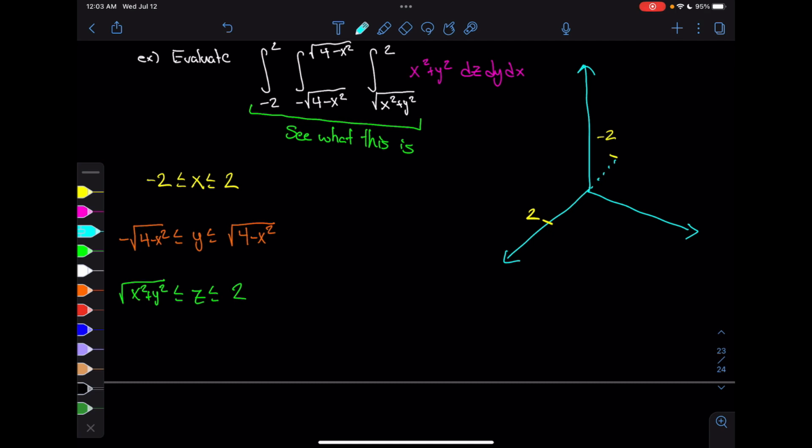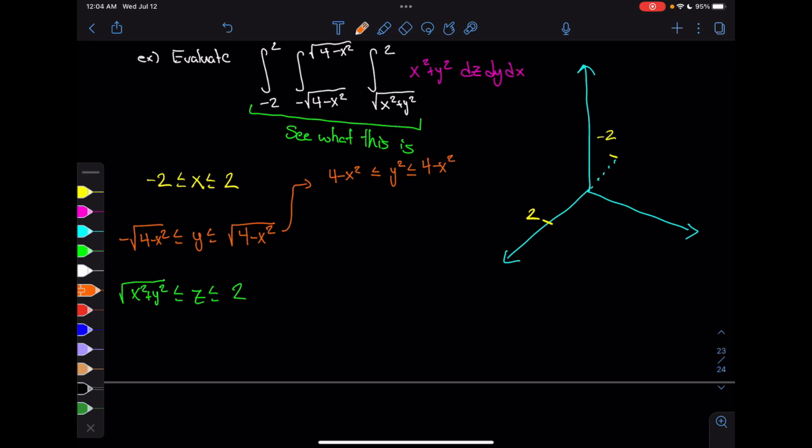Well, let's see. This looks a little bit ugly, but what I can do is just square both sides, and I very quickly get 4 minus x squared is less than or equal to y squared is less than or equal to 4 minus x squared.